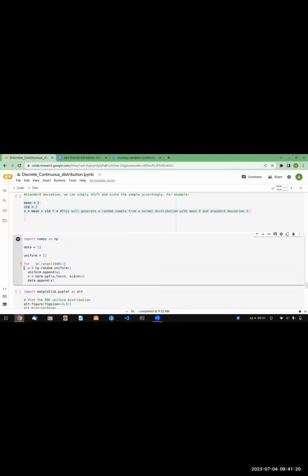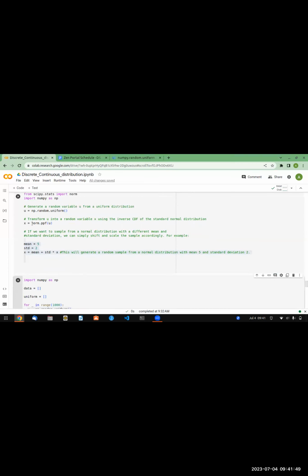So this means just run this loop 1000 times and perform this action every time you run the loop. What action? You generate one number from the uniform distribution and store that in that list. This uniform dot append we are doing just to verify our uniform distribution data. It is not one of the steps, just for us. Now, once you have generated the data from the uniform distribution, what do we do next?